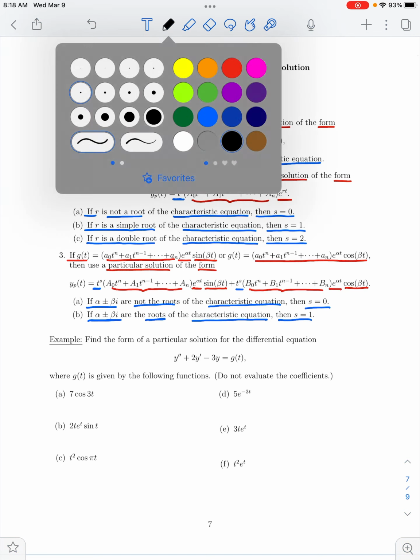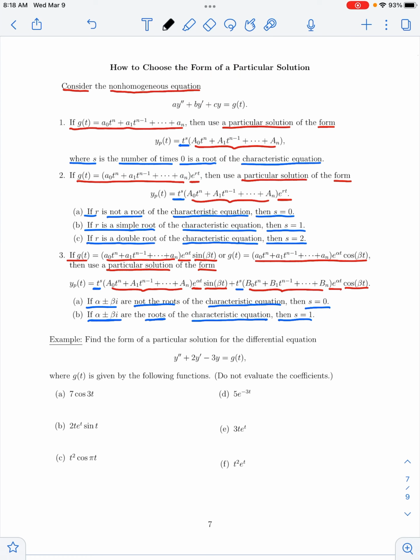So if we were to do a little scratch work to the side here, our homogeneous equation would have a characteristic equation of r squared plus 2r minus 3 equals 0, which can be factored as r plus 3 times r minus 1.